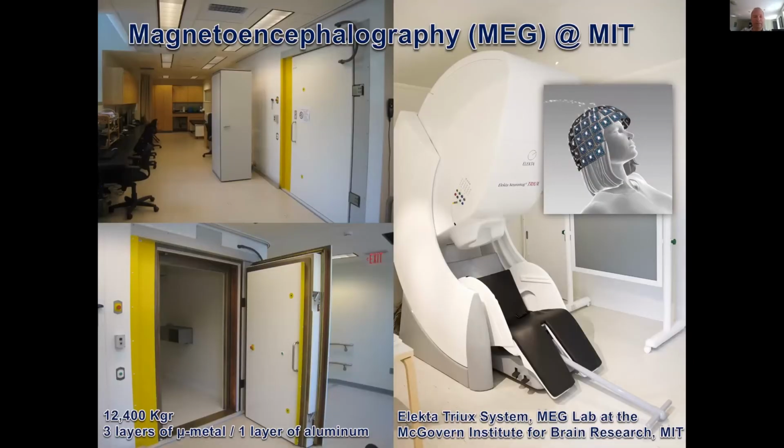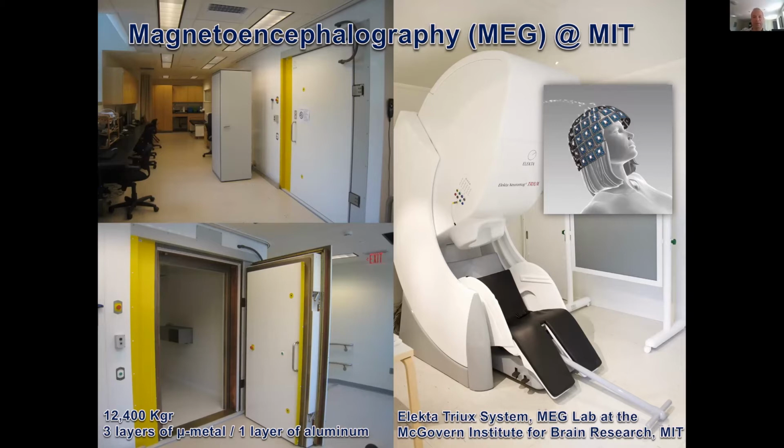Before proceeding, I would like to introduce the main non-invasive brain imaging technology that we use, and it will be the source of most of the data presented in this talk.